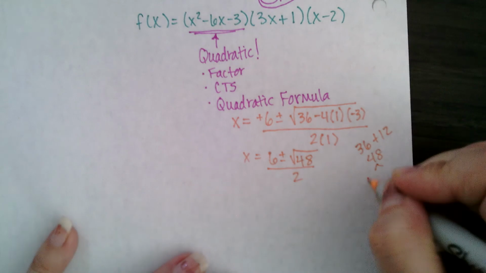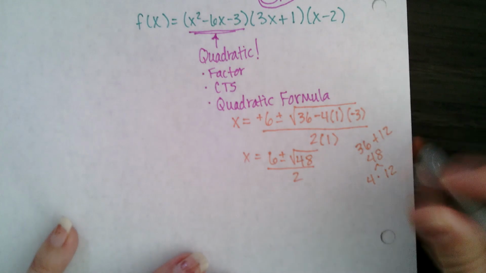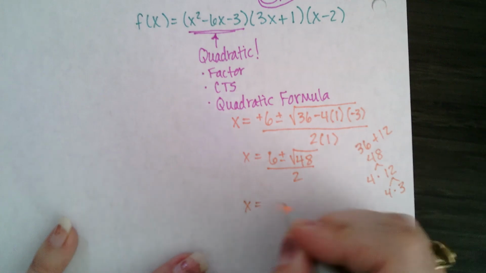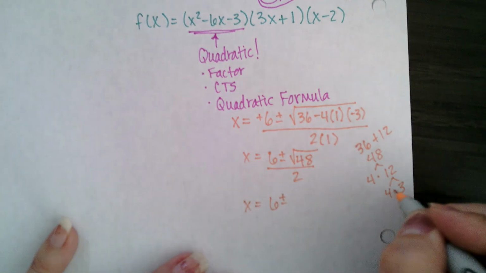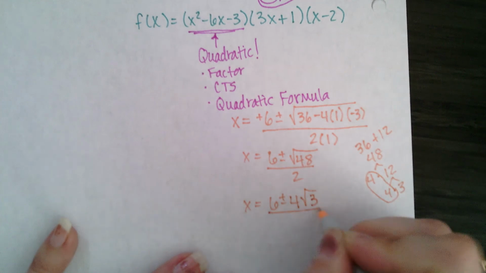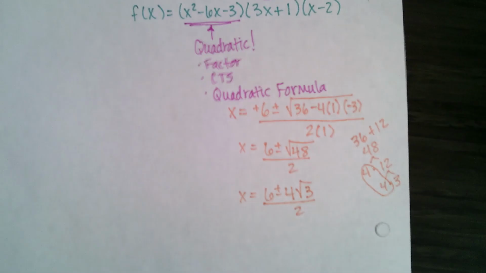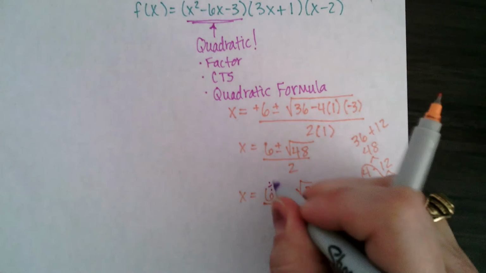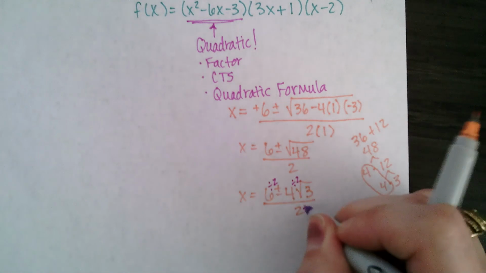48 breaks down to 4 times 12, which would be 4 times 3. So x would be 6 plus or minus, I can take the 4's out, so 6 plus or minus 4 square roots of 3 all over 2. And then because each of my coefficients is divisible by 2, I need to do that.